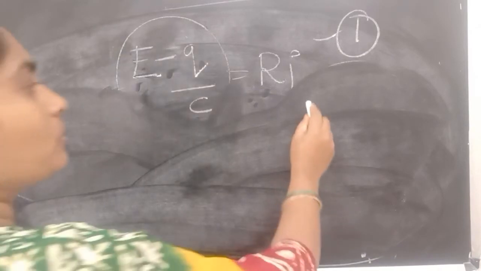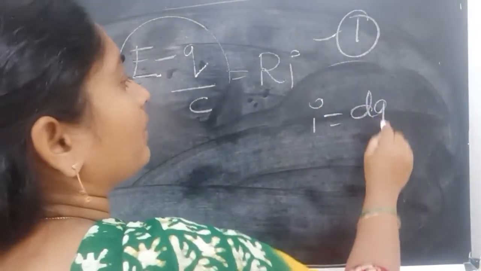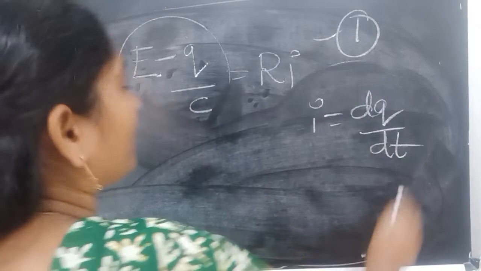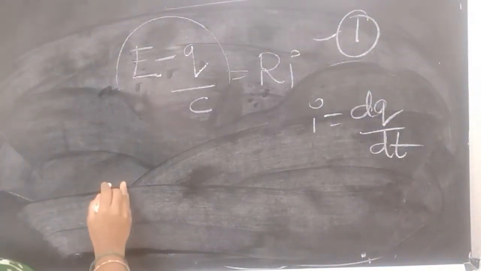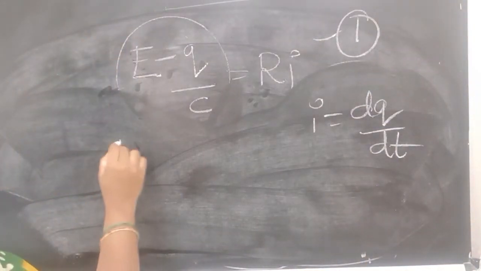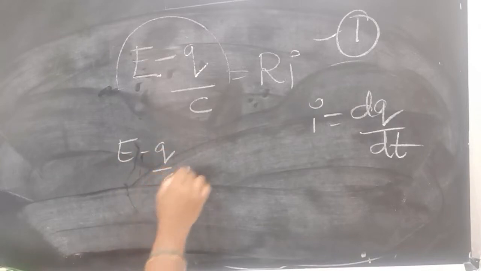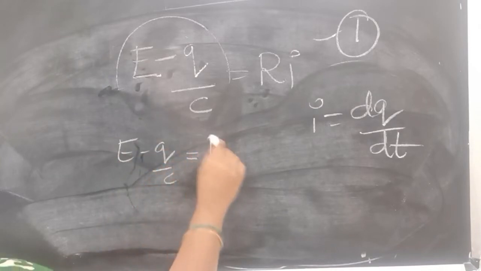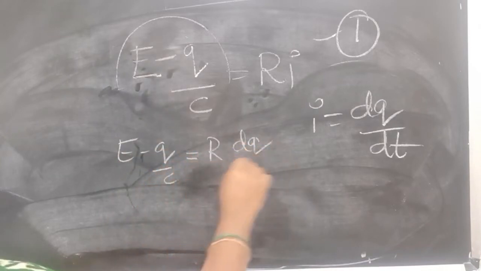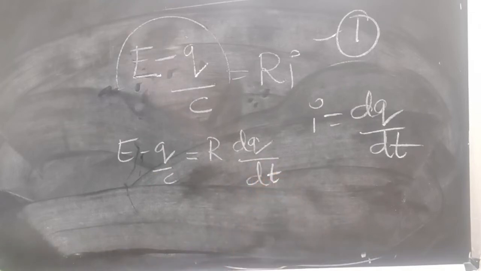Now you substitute I is equal to dq by dt in the above equation. What will you get? E minus Q by C is equal to R into dq by dt.